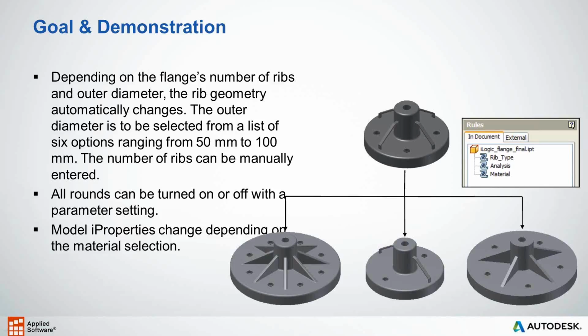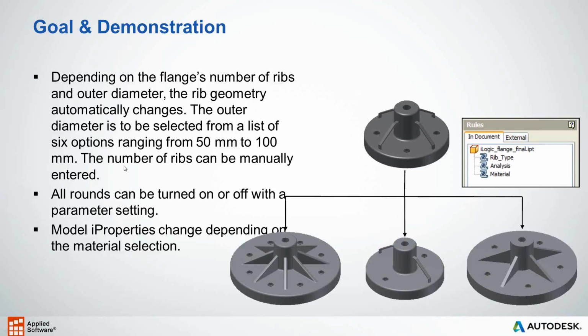Also, we need the model iProperties to change depending on the material selection. So we'll end up assigning certain materials to this flange depending on certain design criteria.